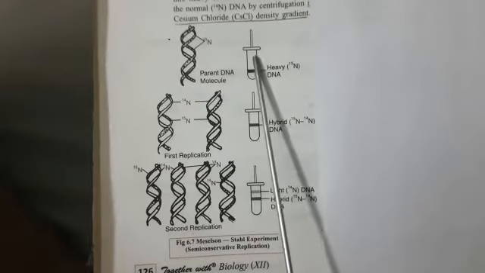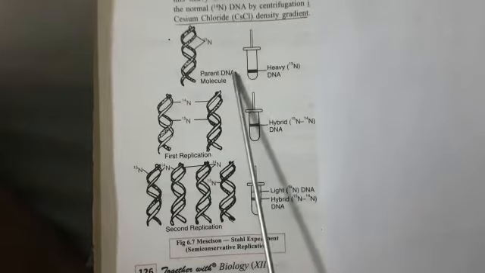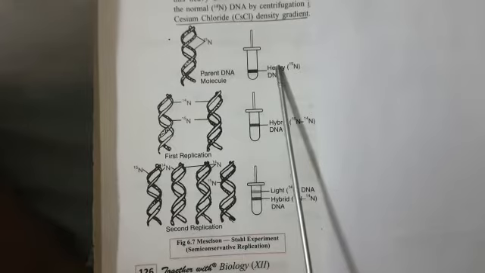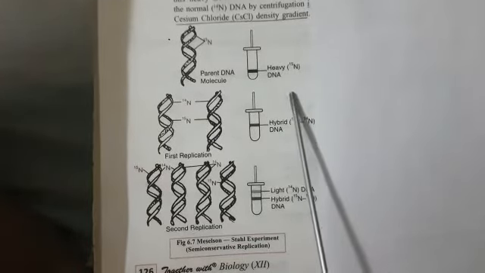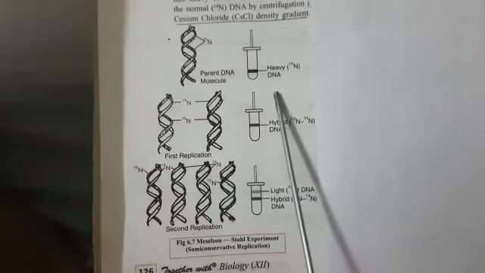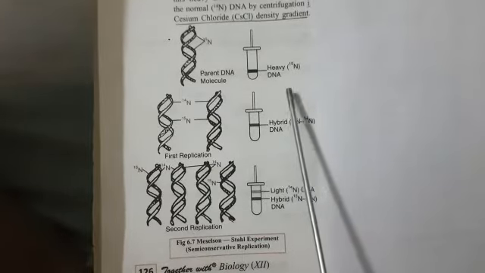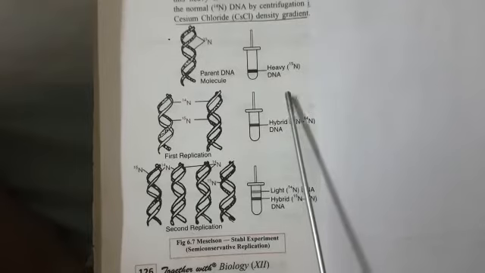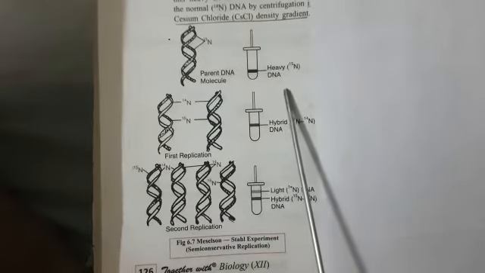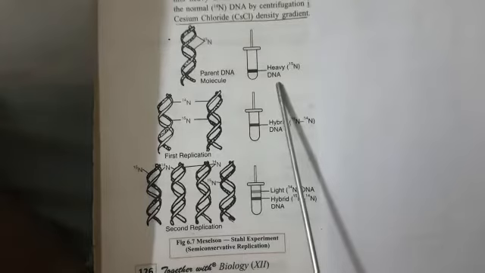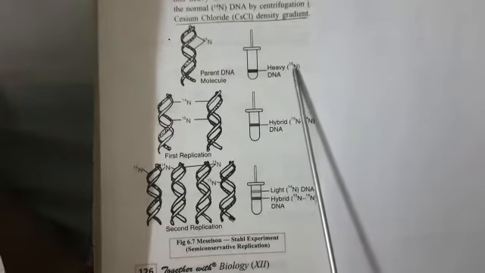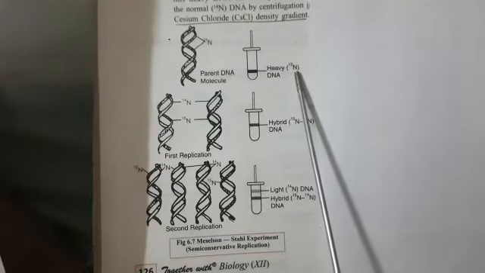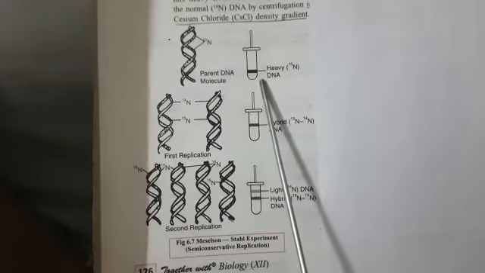Yes, my dear students, let us discuss the experiment performed by Meselson and Stahl. For that experiment, they grew Escherichia coli, E. coli, in a medium containing 15NH4Cl, in which 15N is the heavy isotope of nitrogen, for many generations.